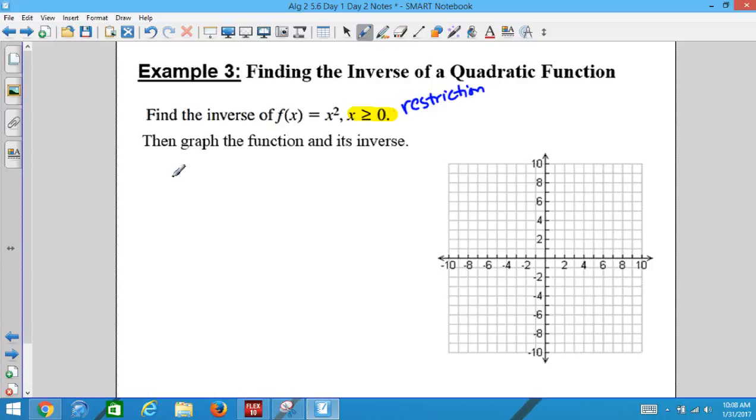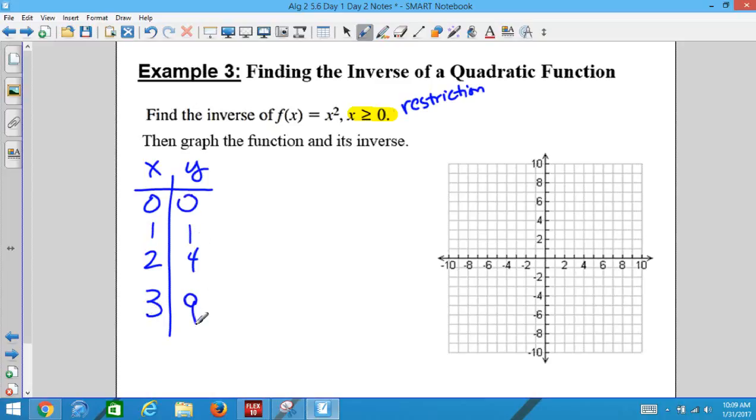So if I were to make a table, 0, 1, 2, 3, 4. I'm using only x's that are 0 and above. I'm using no negative x's. So my y, when I plug it into the equation, y is x squared. I'm going to square it: 0, 1, 4, 9. Then I'm going to graph those.